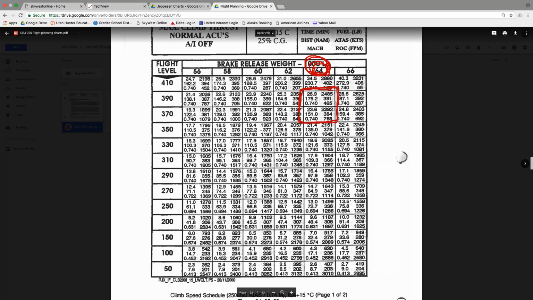So we get to interpolate. Okay, so what numbers do we care about? Since you're in between those two flight levels, you would add the numbers up and then divide by 2. We start with the first two numbers, right? We're looking for our time, so we do 26.9 plus 23.6, and then divide that by 2.